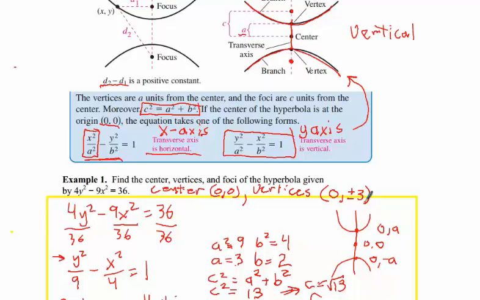So 0, comma 3 and 0, comma negative 3 are where our vertices are. And lastly, our foci are also at 0, comma, plus and minus c from our center, and we found c to be the square root of 13. The square root of 13 is between 3 and 4, so just a little bit above here will be our foci.